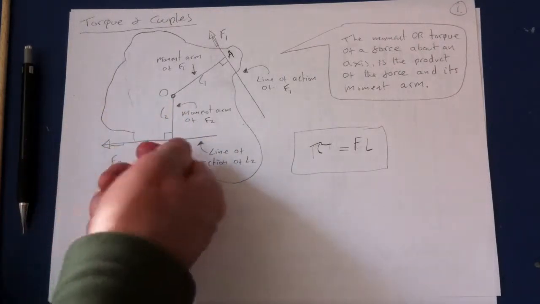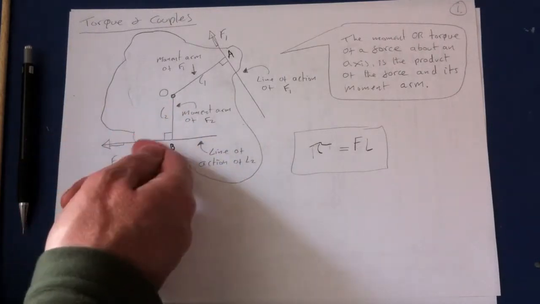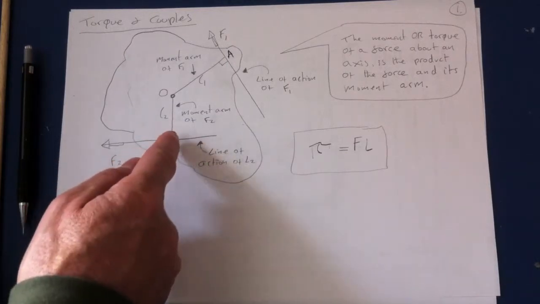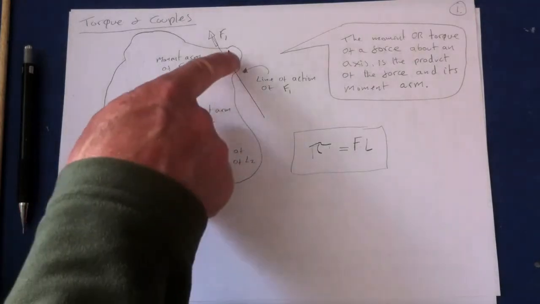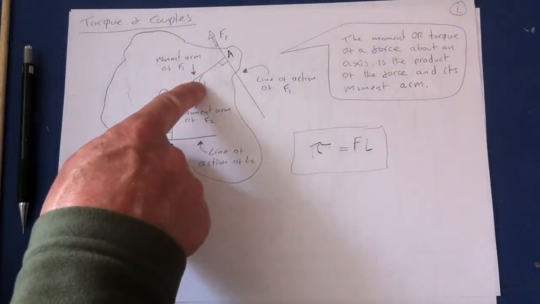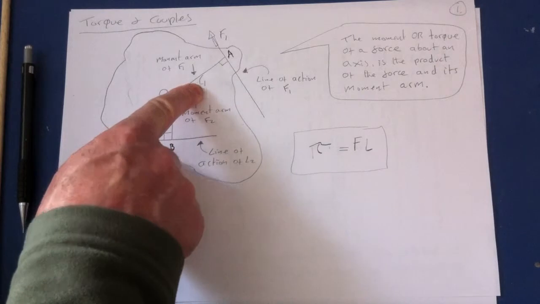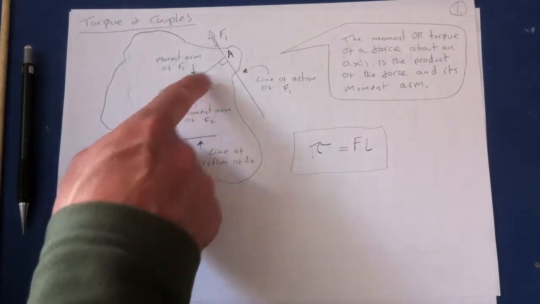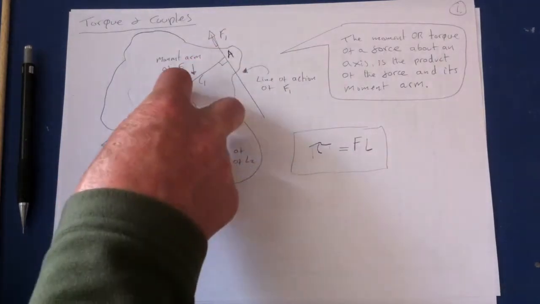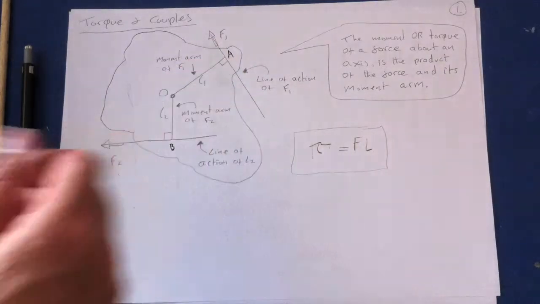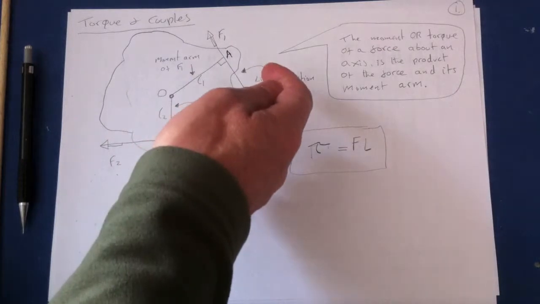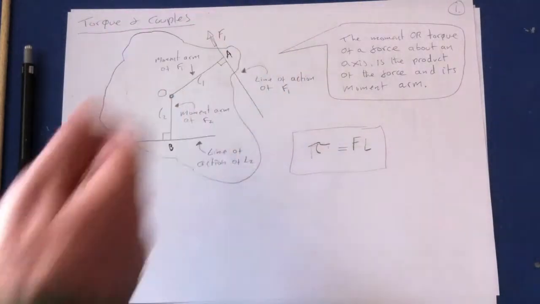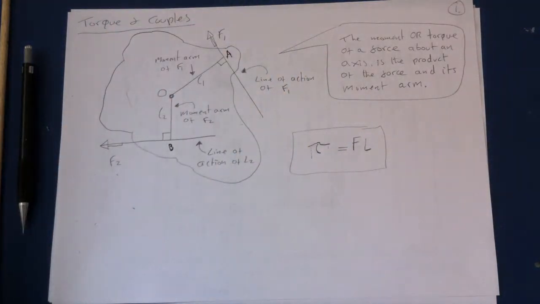When we start to pull this object in that direction, the perpendicular distance we're going to call L2, and the perpendicular distance from F1 we'll call L1. These lengths are called the moment arms of the torque. You know that with a longer length, you'll be able to move it more with a smaller force, etc. So that's giving you the idea of torque.